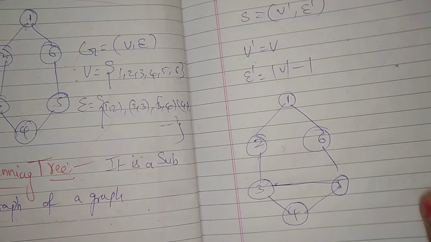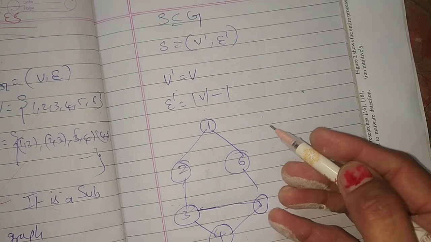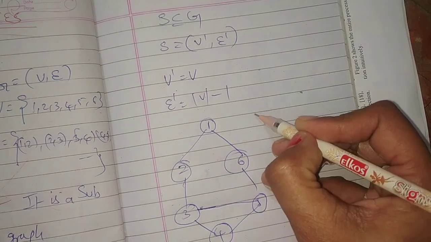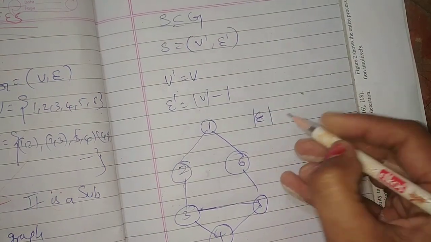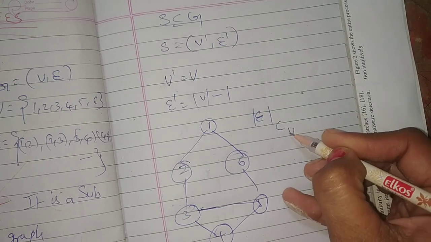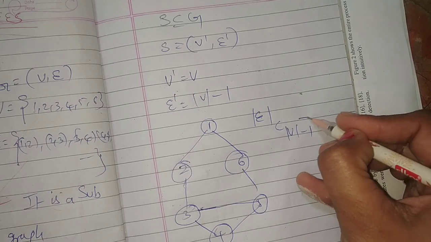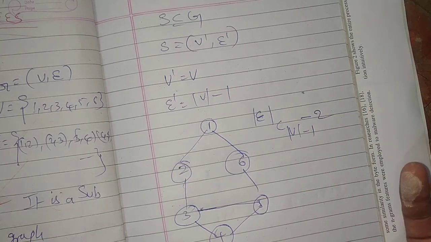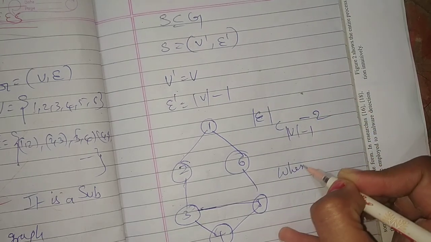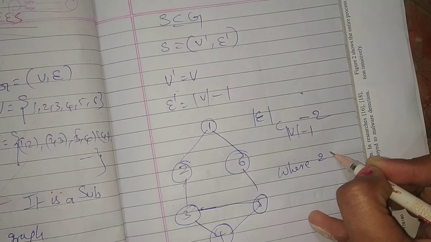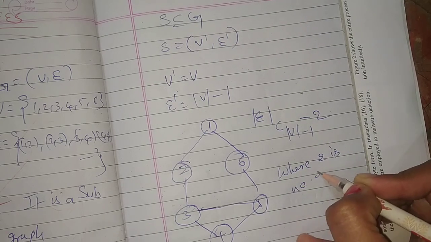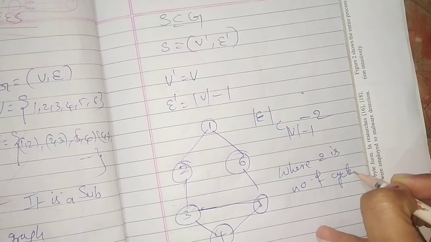Then the formula is E, the number of vertices minus 1, minus 2, where 2 is the number of cycles.